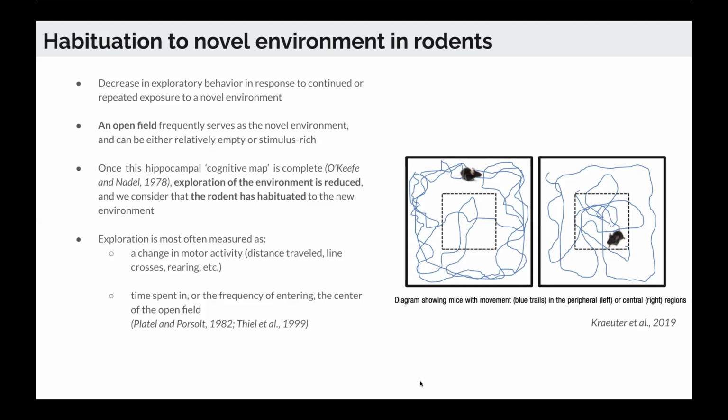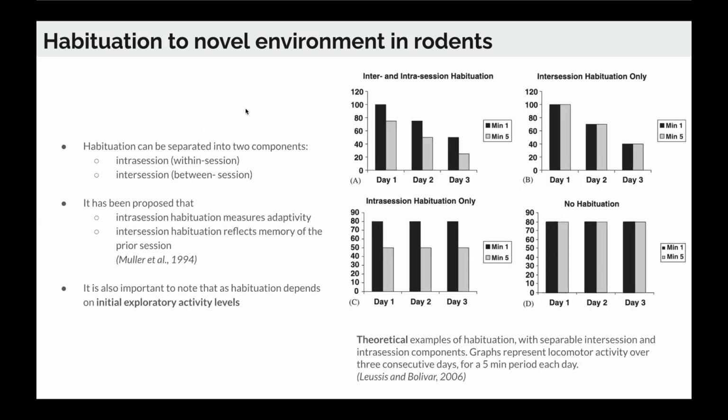People call it like this, but nothing is super strict. Then, habituation in a spatial context depends on the hippocampus, right? We understood that when the cognitive map is established, the animal is kind of habituated.